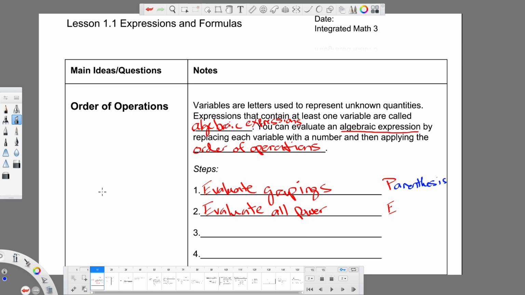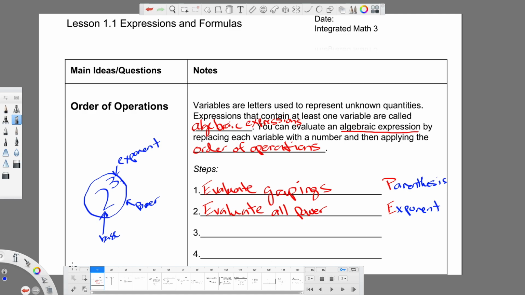If I have 2 to the 3rd power, or 2 cubed, this whole thing is a power. This is the base, and this is the exponent. We can raise the 2 to an exponent, but the entire thing is called a power. That's the only difference between those two vocabulary words, just to make that clear.